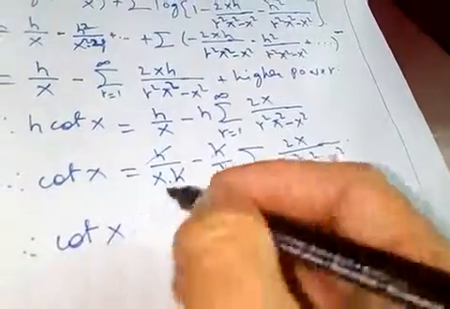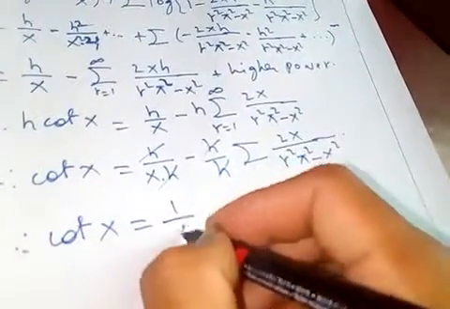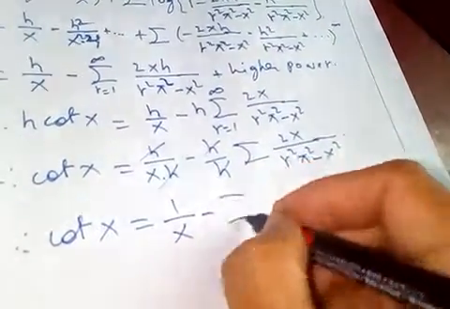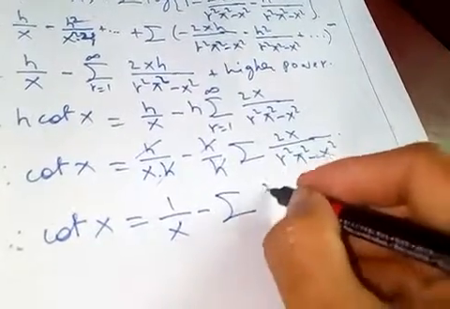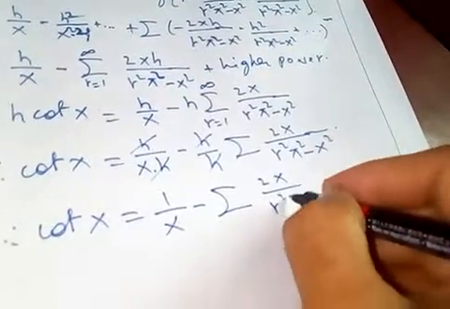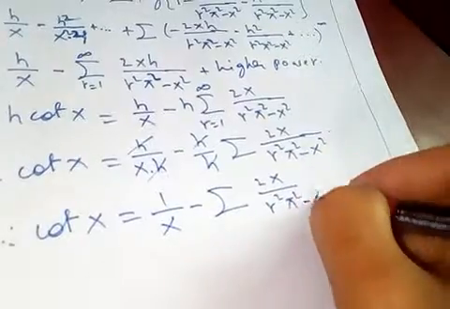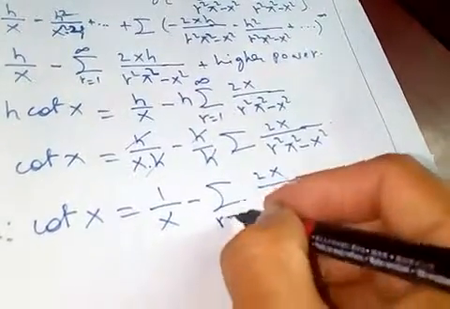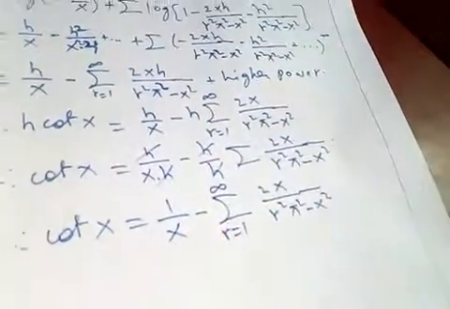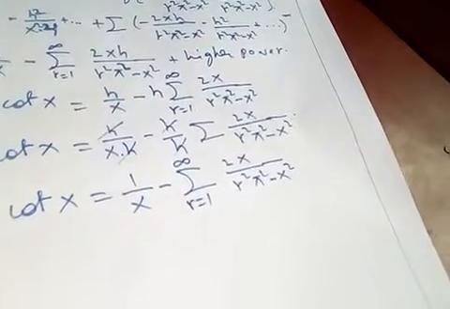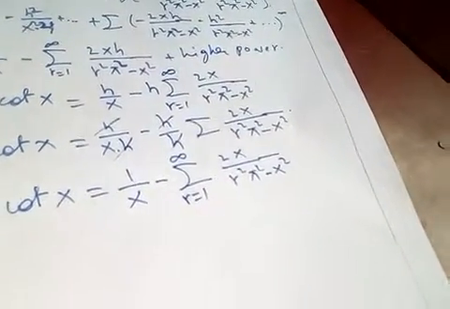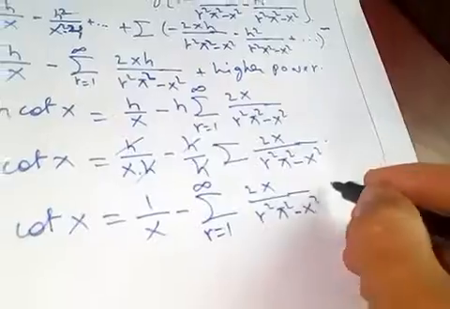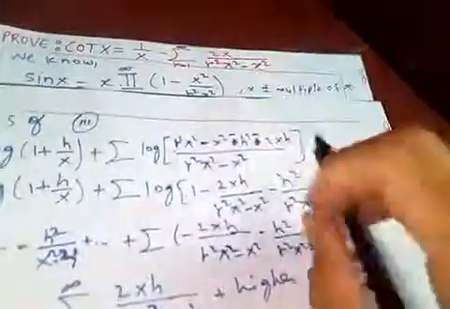Lastly we get cot x equal to 1 over x minus summation of 2x over r square pi square minus x square, where r is from 1 to infinity. This is our required answer. This is our proof.